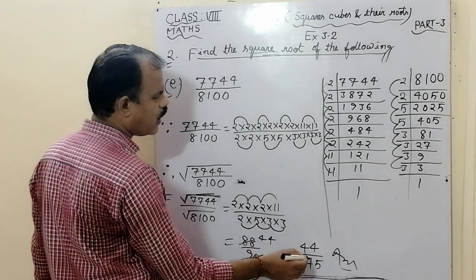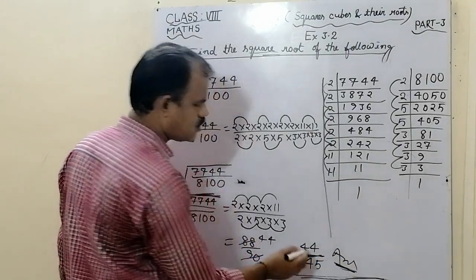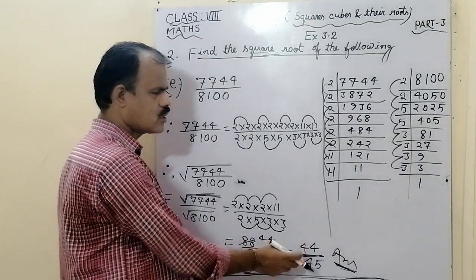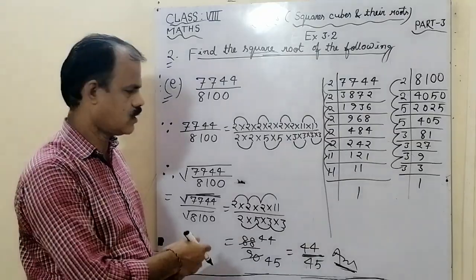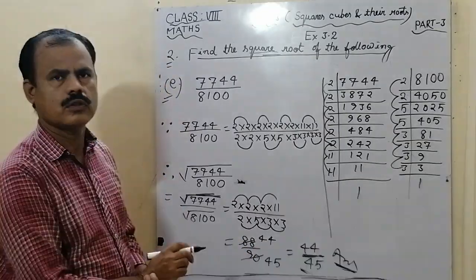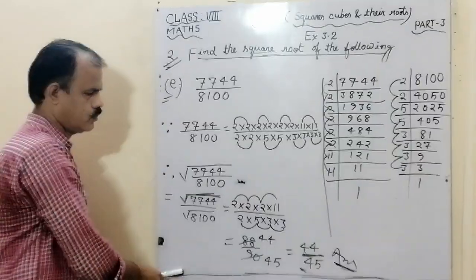So 44 by 45 is the final answer. This is a proper fraction, that's why we can't change it into a mixed fraction. So this is the final answer, and like that you have to solve the remaining part of question number 2.